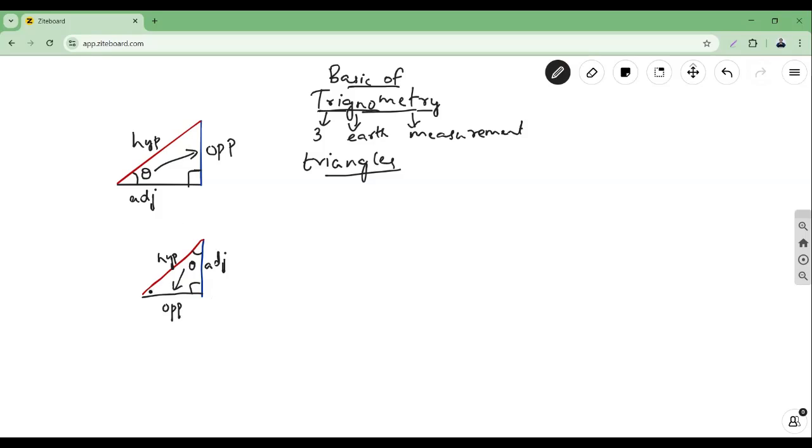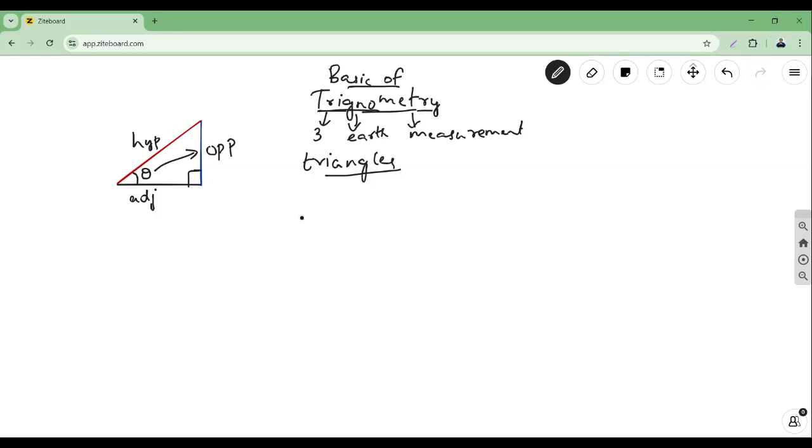If I take the below angle as the theta, then the blue color line becomes the opposite. If I take the above angle as the theta, then the black color line becomes the opposite. So you have to always talk with reference to the theta. Do not forget that we are learning with reference to theta, because the point of reference is very important.